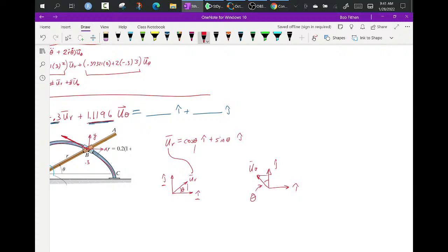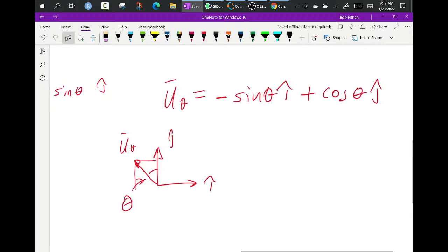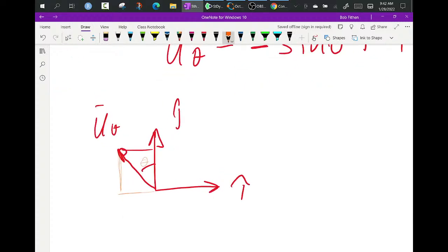So again, it's got a vector and components, and U theta is going to be moving backwards sine theta I and up cosine theta J. In other words, this is theta, and it's of length 1.